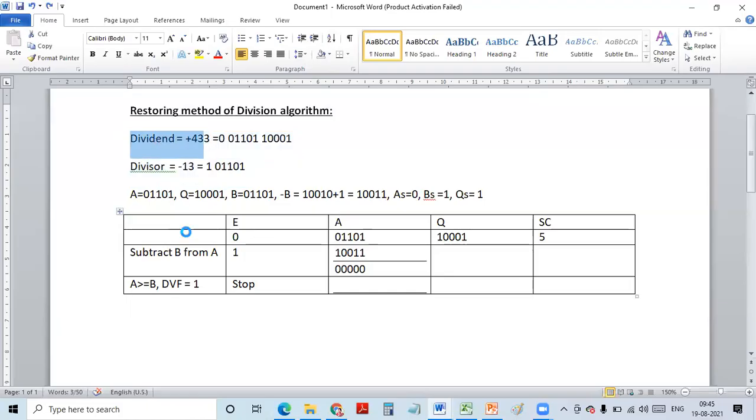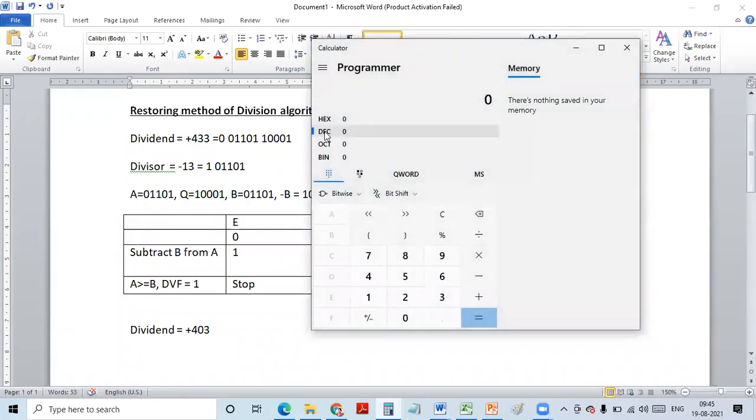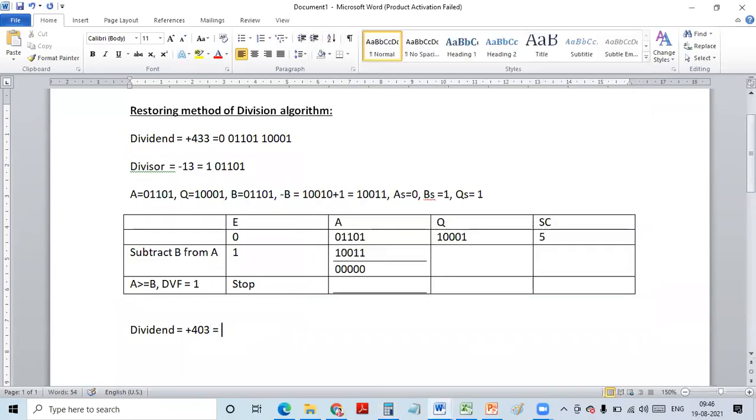We'll take the dividend as some lesser number so that division overflow won't occur, maybe 403. 403 in binary is 193.